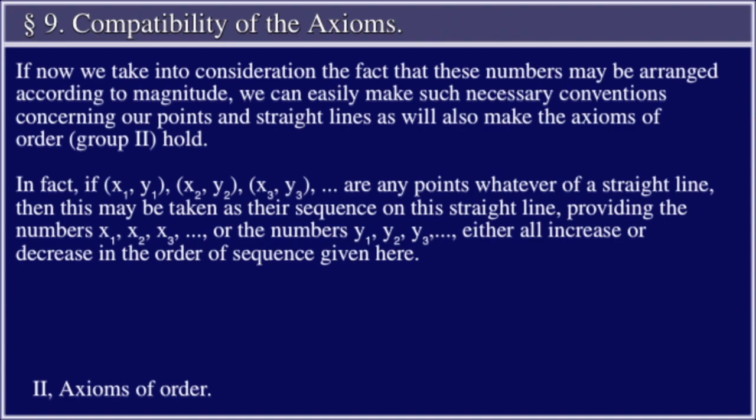In fact, if x sub 1, y sub 1, x sub 2, y sub 2, x sub 3, y sub 3, and so on, are any points whatever in a straight line, then this may be taken as a sequence on this straight line, providing the numbers x sub 1, x sub 2, x sub 3, and so on, or the numbers y sub 1, y sub 2, y sub 3, and so on, either all increase or decrease in the order of the sequence given here.